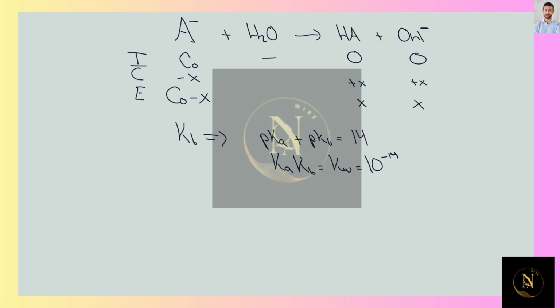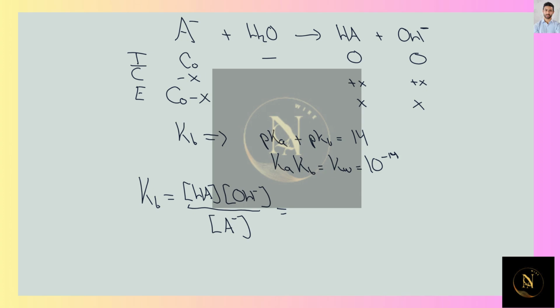Now, with this taken into account, the value for Kb is equal to the concentration of HA times OH minus, divided by the concentration of A minus.